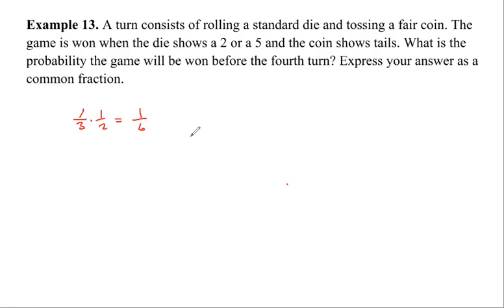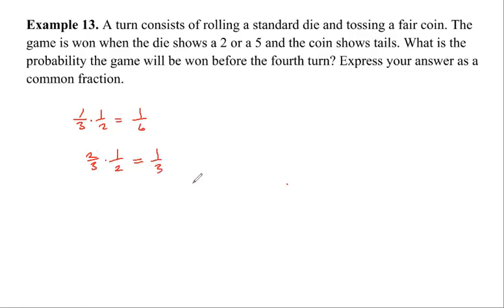For case 2, you have to lose on the first turn and win on the second turn. To lose on the first turn, you have to either get 1, 3, 4, or 6, which is a 2/3 probability, and then a 1/2 probability of getting heads. So 2/3 times 1/2 would be 2/6, which is 1/3.